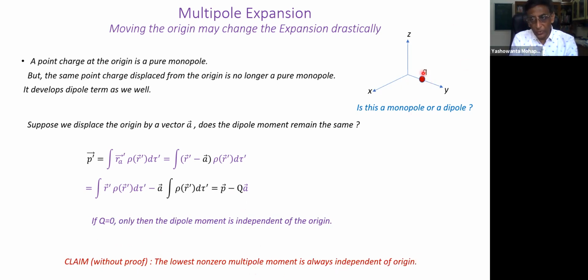In this case, of course, the lowest multipole moment is the monopole. So the monopole would be independent of origin, which is obvious in any case. But suppose the monopole is not there, and the dipole is the leading order, then that would be independent of origin. This is a claim which I'll make but will not prove, but you can take it for granted. Let's look at the electric field of a dipole.